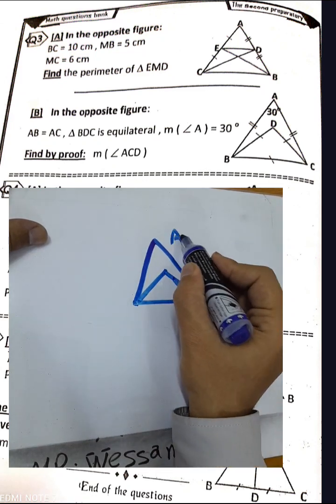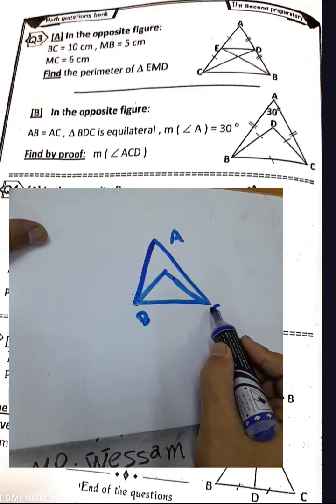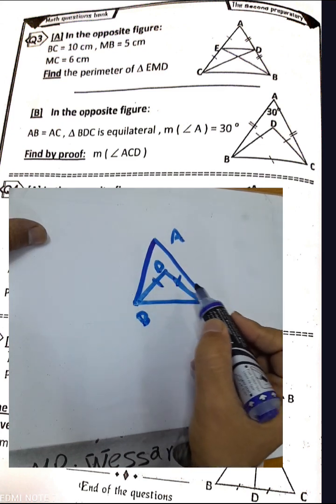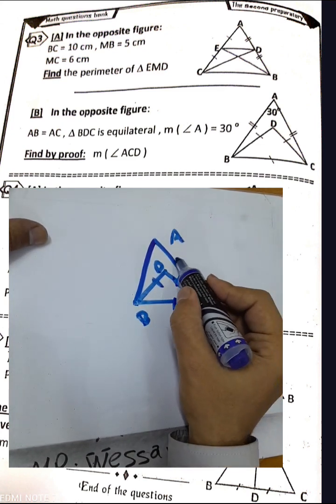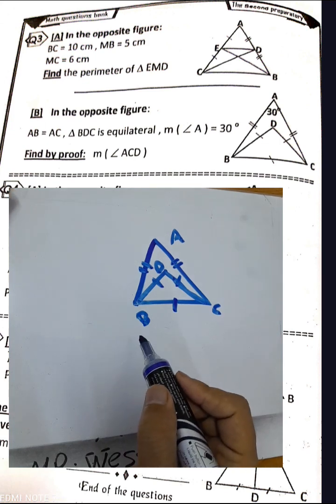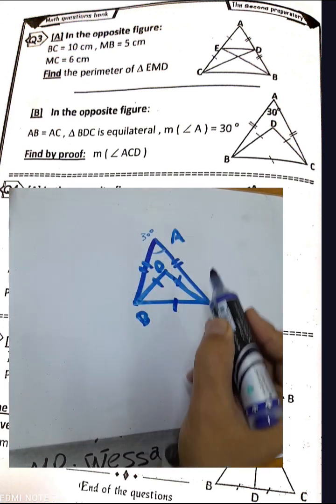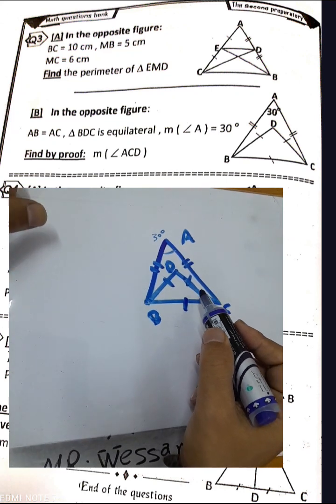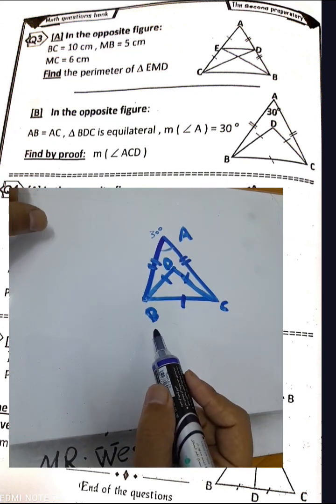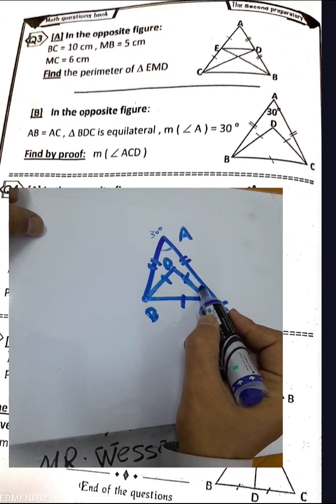A, B, C, and this point was D. There is an equilateral triangle here, and we have an isosceles triangle outside. He gave us the measure of angle A was 30 degrees, and you want to find the measure of angle ECD. You want to find this angle.